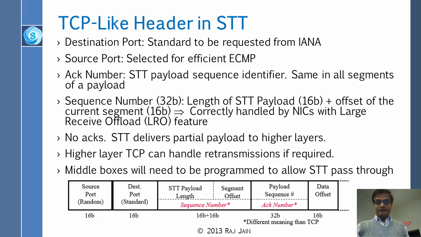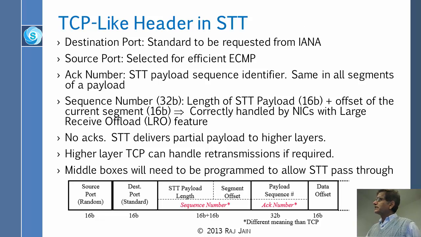All right. So now, what this picture shows is the TCP header. The TCP header has a source port, destination port, and then it has these two fields, payload length and segment offset. They combine these two fields, 16-bit plus 16-bit, 32-bit. This becomes the sequence number. I'm sorry, this is the other way around.